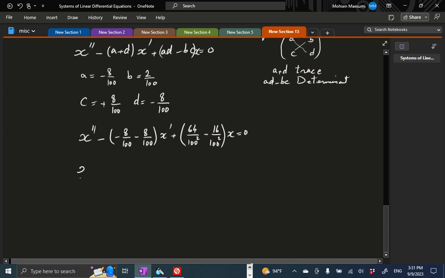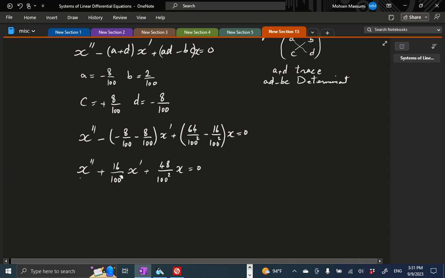Okay, just some numbers. This one becomes 16 over 100. Perhaps better not to simplify. And this is 48 over 100 squared, x equal to 0.